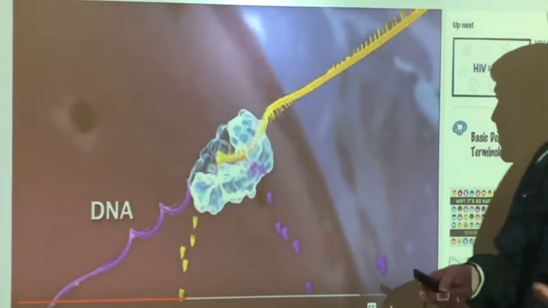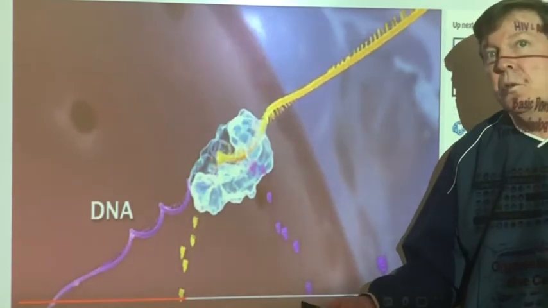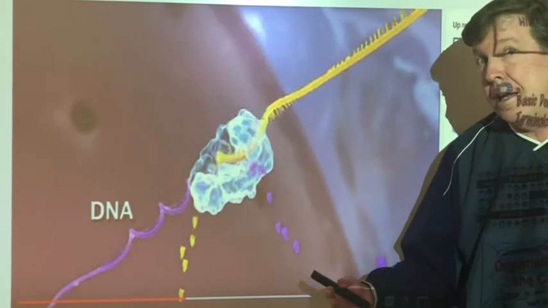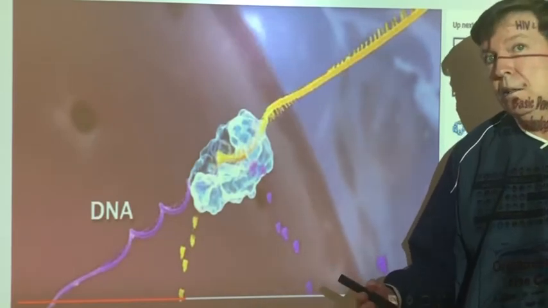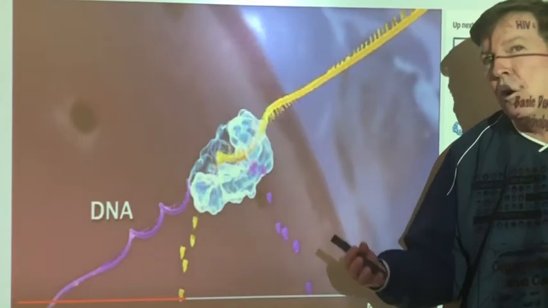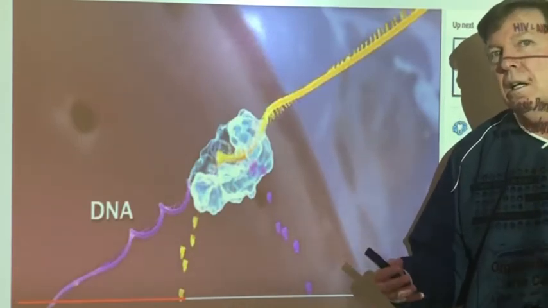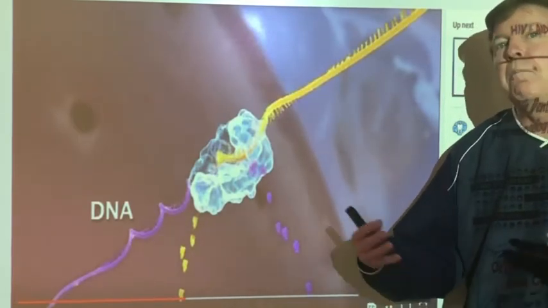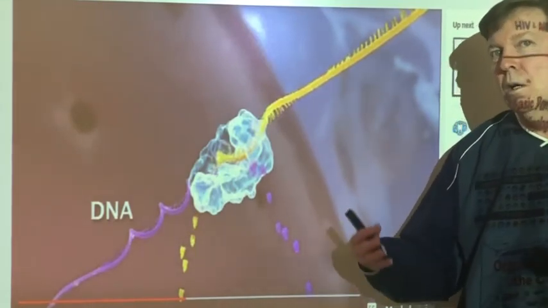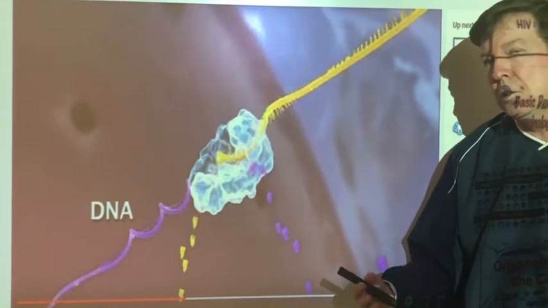Notice, where do the nucleotides come from so that this virus can convert its RNA into viral DNA? It comes from the host cell. So again, this idea of commandeering or taking over the host cell and using all the components of the host cell to ultimately make more viral particles.